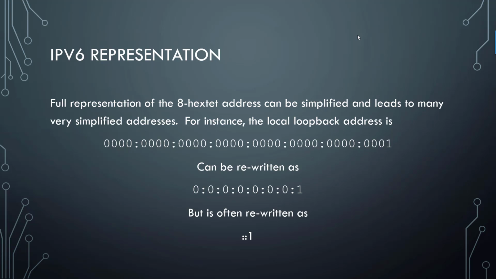So using the first rule, you could rewrite that entire long string of zeros as 0, 0, 0, 0, 0, and so on, 1. However, because it is so frequently used, it's just ::1. And that is how that works.